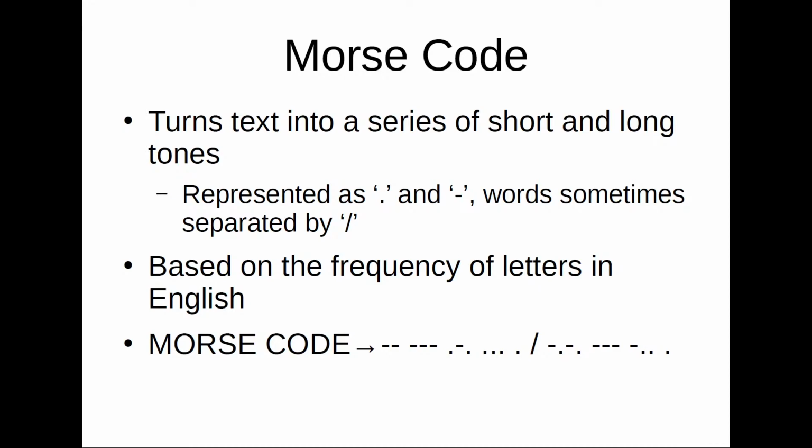And sometimes you'll see words separated by a forward slash, but that's not always. And the encoding is pretty much based on the frequency of English letters. So that way the more frequent letters have shorter codes, so it's faster to tap them out.